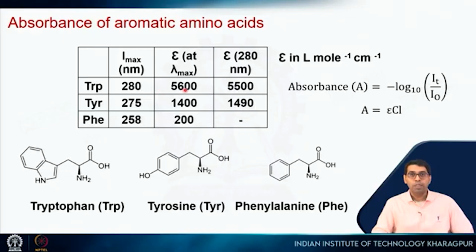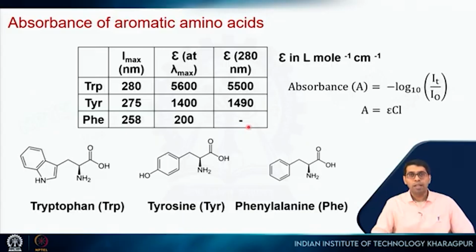At 280 nanometers, the epsilon for tyrosine is 1490 and for tryptophan it is 5500. Now, let us assume that you have a protein and you know its sequence. For phenylalanine there is not much absorbance, so we can neglect it.